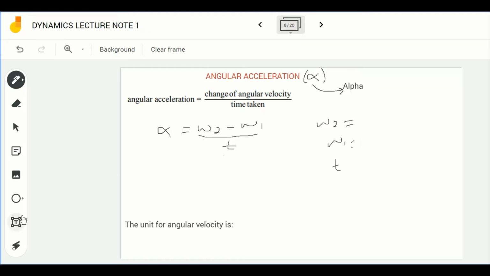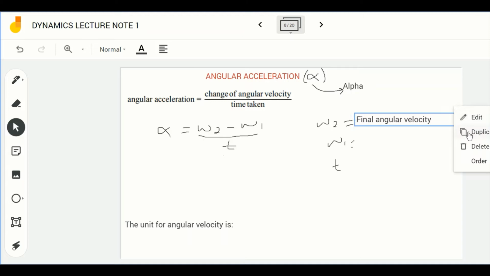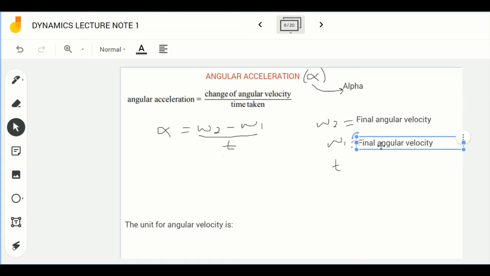Our omega 2 is the final angular velocity. Omega 1 is the initial angular velocity, while our t, as you all know, is the time taken. So here is the formula for angular acceleration.